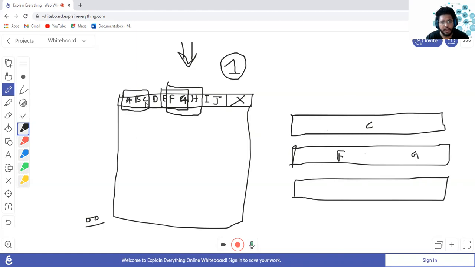Which one is gone? That one we cannot take anymore. So G is here. Now, using this procedure, this is one decision tree that is being formed.